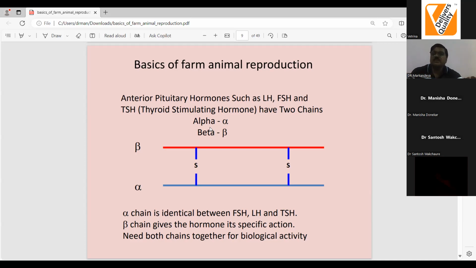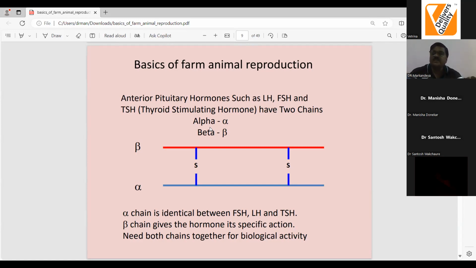FSH and LH have subunits alpha and beta. Their biological activity will depend upon the union of these subunits. So whatever the basic material, what we call in local language a masala, is always ready. Combination determines which type of hormone is getting secreted.